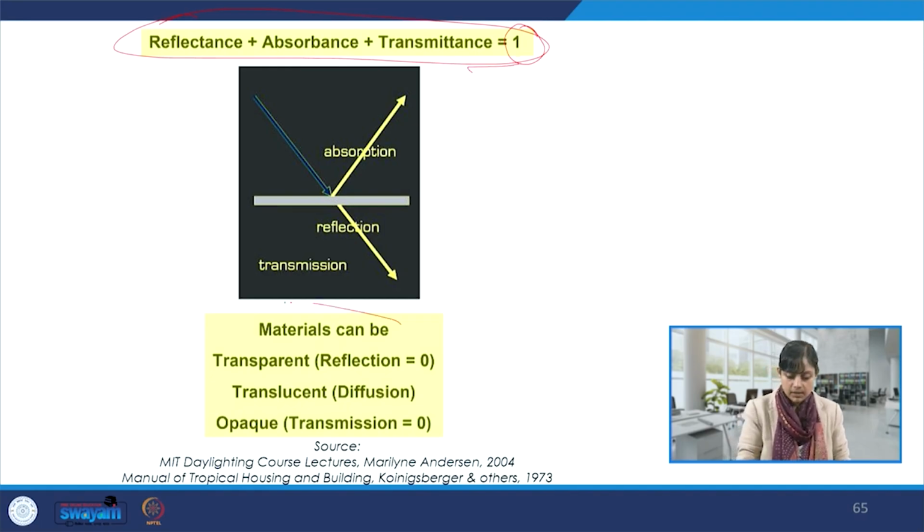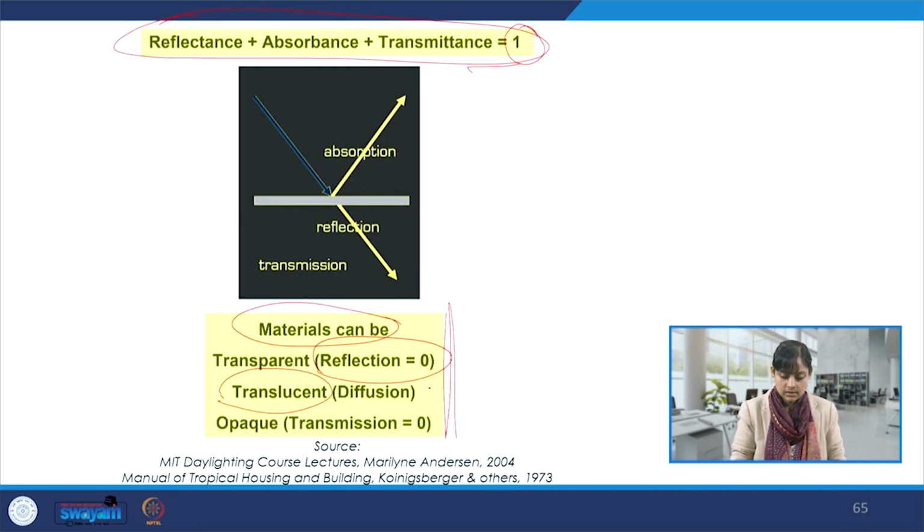And we can pick and select materials keeping in mind these. So if we want to have a transparent glass, the reflection is 0. Translucent glass, like I was talking about on the previous slide, will have a component of diffusion. If we are talking about an opaque glass or an opaque surface, the transmission will be 0.